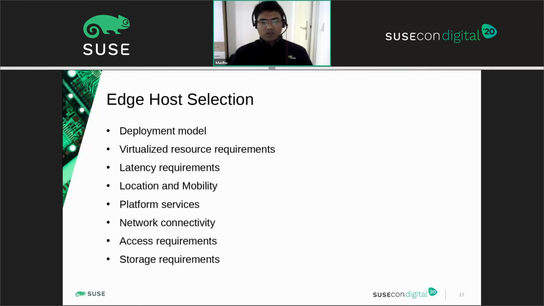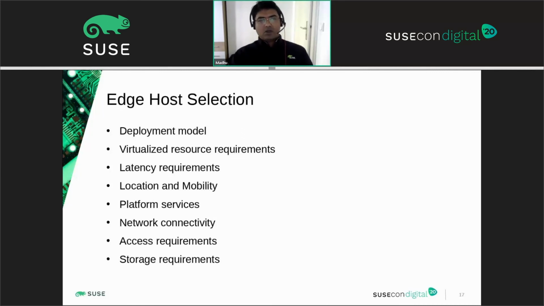Then there are virtualization requirements, and all the issues that we think of when we talk about virtual machines, from KVM or just the regular containerized workloads. So we will have to think about those issues here again.